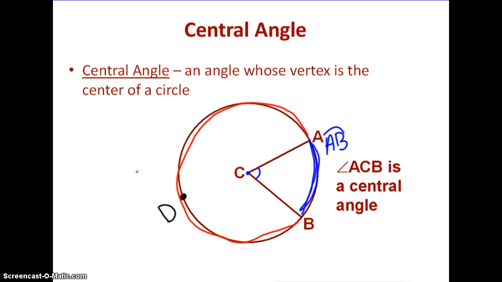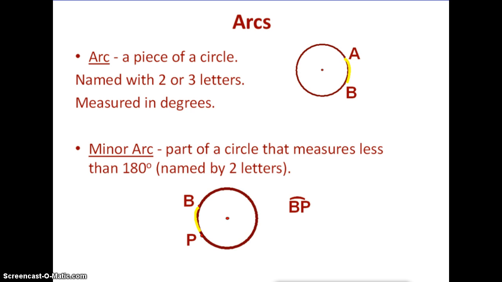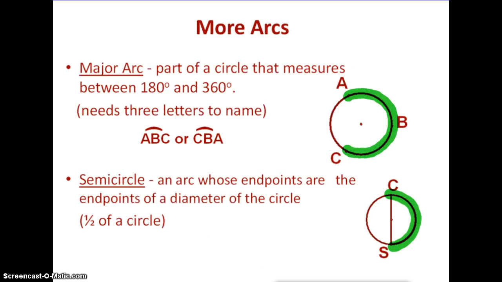So this red arc would be arc ADB. Basically you follow the starting point, it passes through point D and stops at point B. If it doesn't have 3 letters, we might confuse it with arc AB, the small blue one. We know that it's 3 letters ADB, the major arc. So that's why we have 3 letters for a major arc and 2 letters for a minor arc.